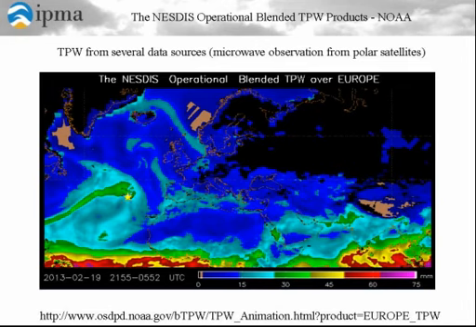So it's important to know how the TPW is behaving from the subtropical regions up to the north. This is a very interesting product that here in Portugal we are using more or less to check the TPW evolution. Of course, during spring and autumn it's more important, but now you can see that we have some intrusions of high values of TPW.